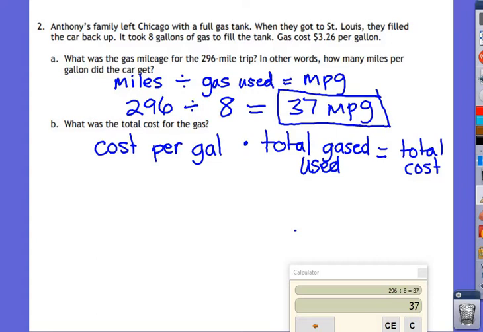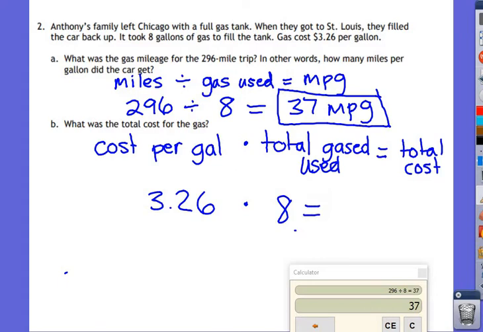Well, looking at the problem, did it tell me the cost per gallon? Yes, it's $3.26. So $3.26 is the cost per gallon. Did they tell me the total gas used? We knew 8 gallons, so 8.